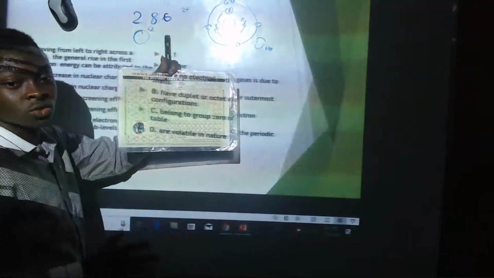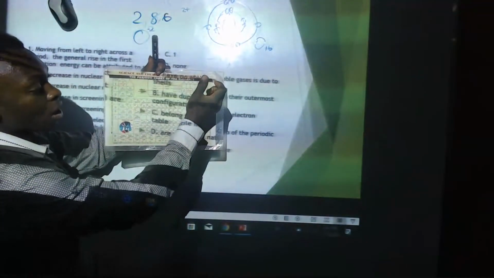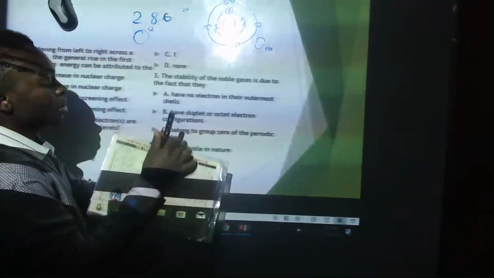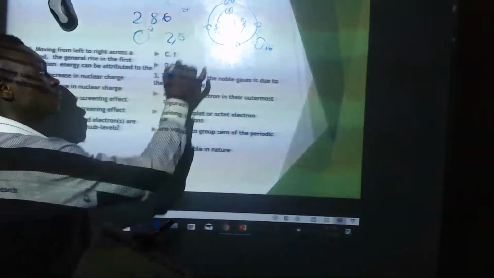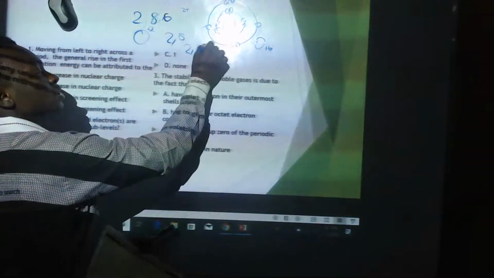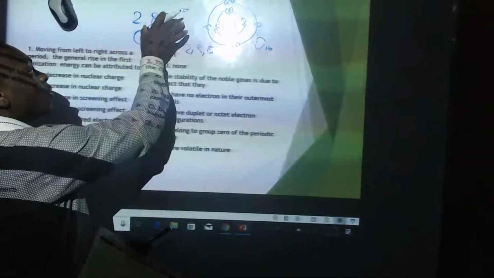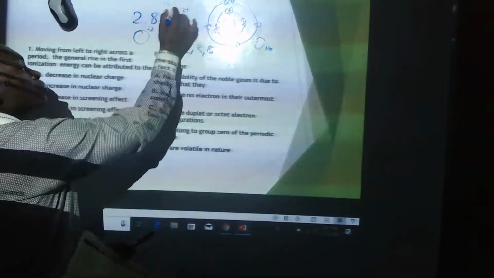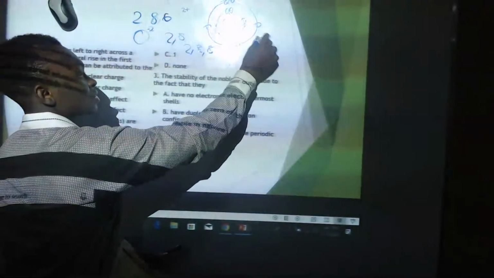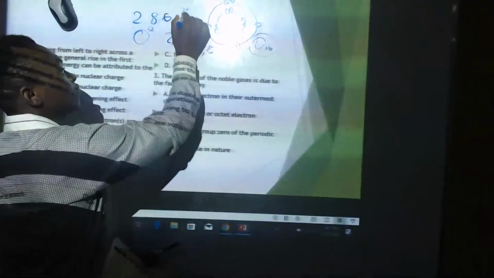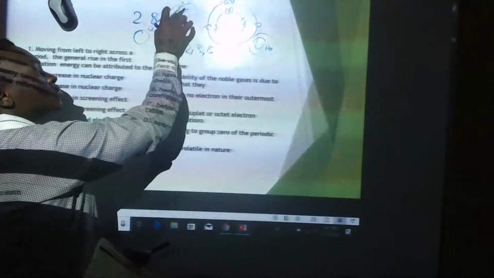Because they have an octet structure, meaning they have either 2, or 2, 8, or 2, 8, 8. It's complete. Oxygen is not complete, so it requires 2 more to make it complete, and that's why oxygen undergoes ionization energy. It requires energy for it to add another electron to itself.